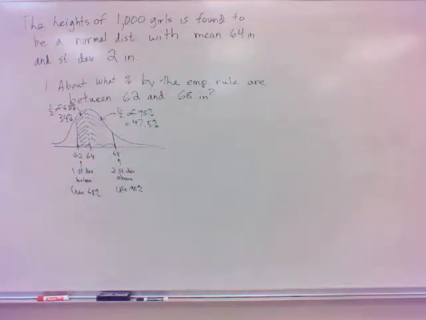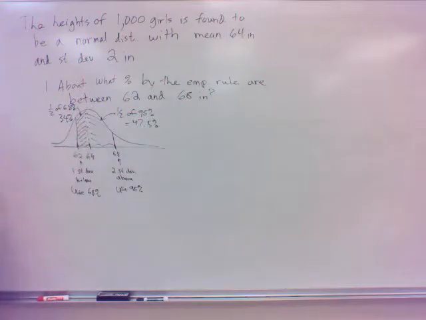Question or concern? See what I'm doing there? Figuring out how many standard deviations each is, which percentage goes with it, and then usually just halving it, because it's mix and match.